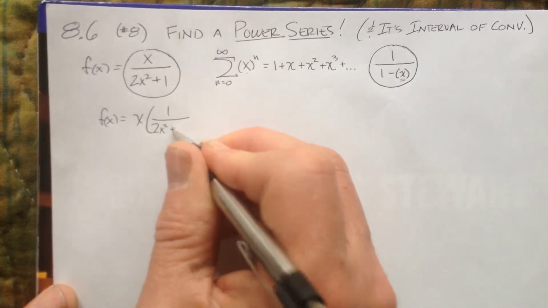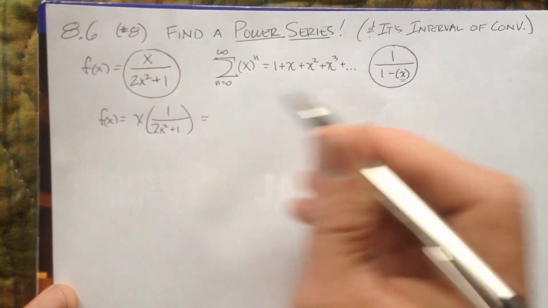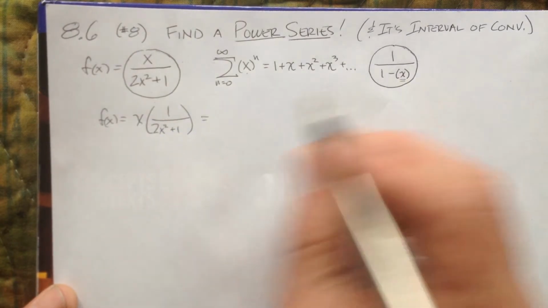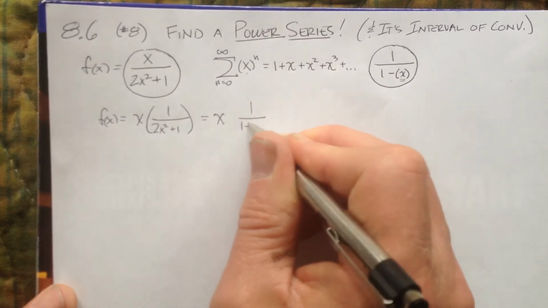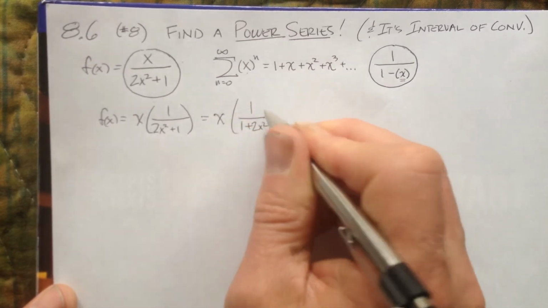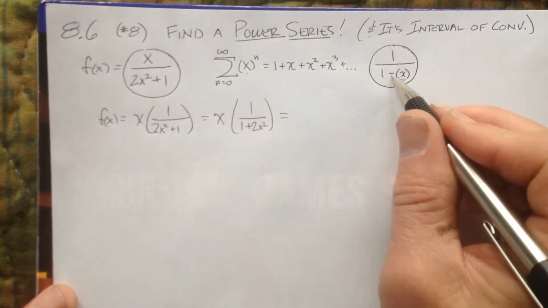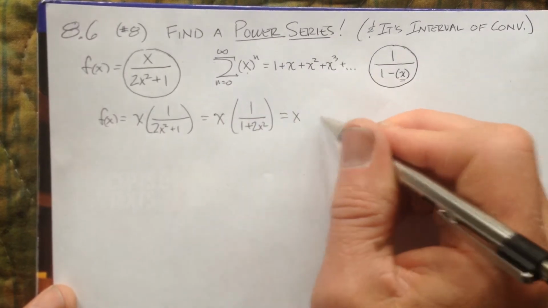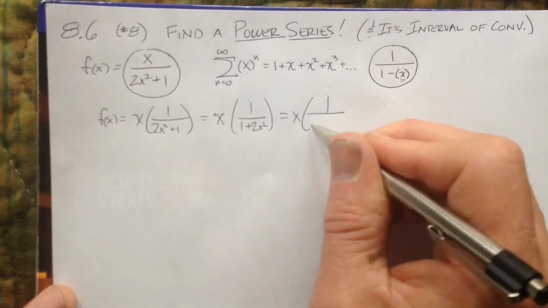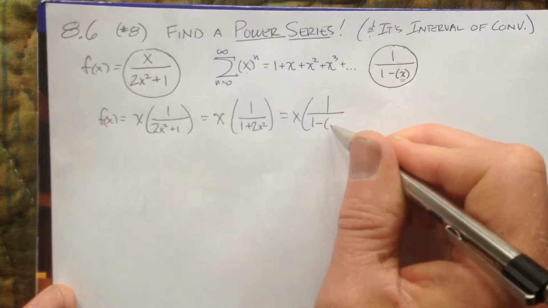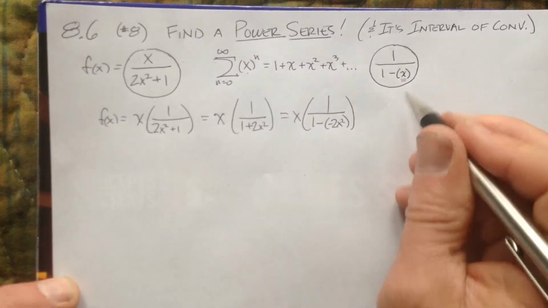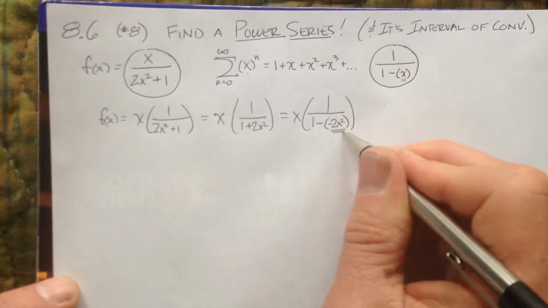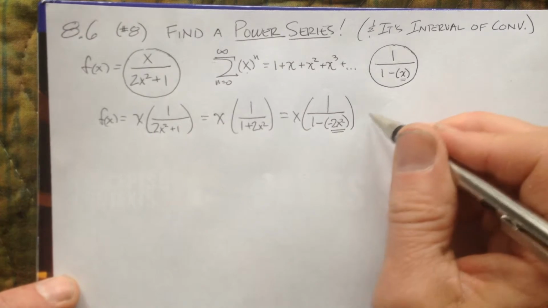So we've got that. Okay, well then I'm going to get the x written second and the 1 written first, so I'm going to write it like this. And then finally I'm going to try to get that minus sign in there, so I write x and then 1 over 1 minus, and I write a minus 2x squared. Okay? And now I have this written in this form where in place of x I've got that minus 2x squared.